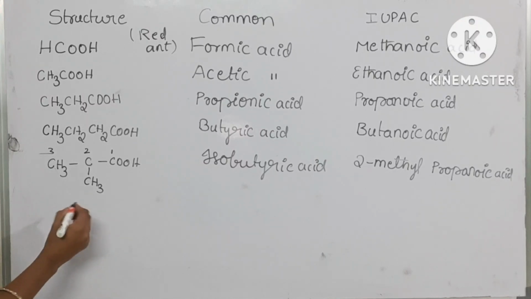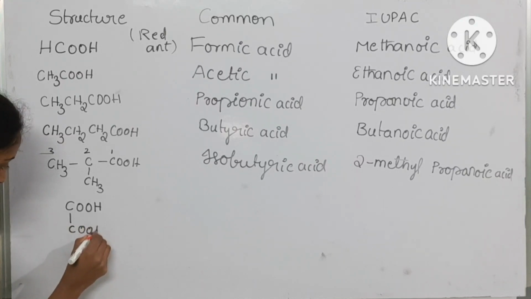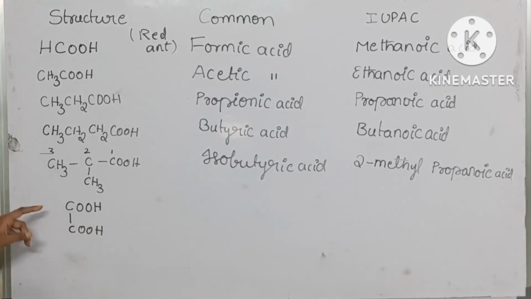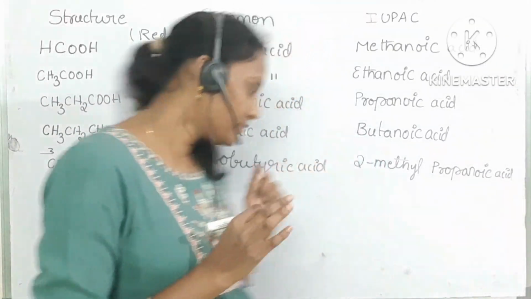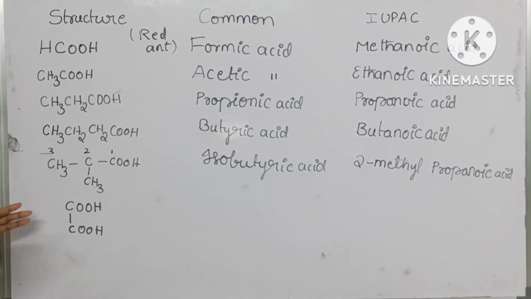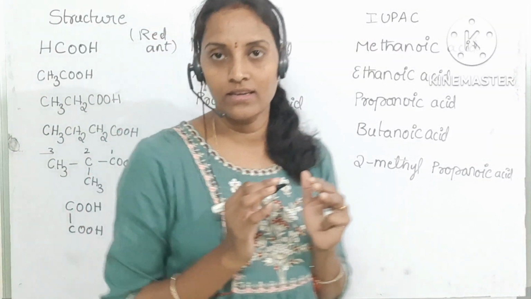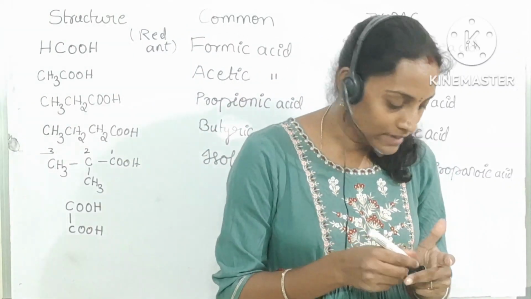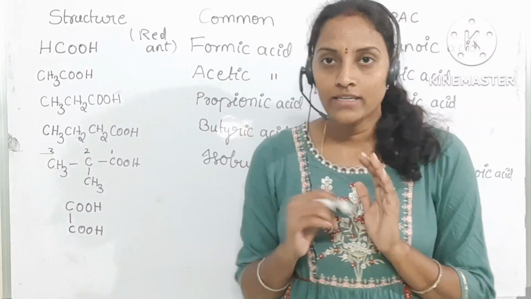If more than one carboxylic group is there in a molecule, how can you name it? I already told you, if more than one carboxylic group is there in any molecule, the last letter E of ane would be retained.